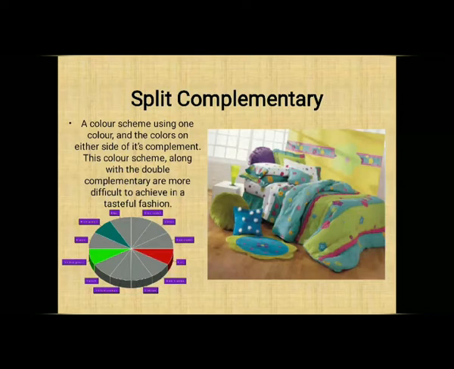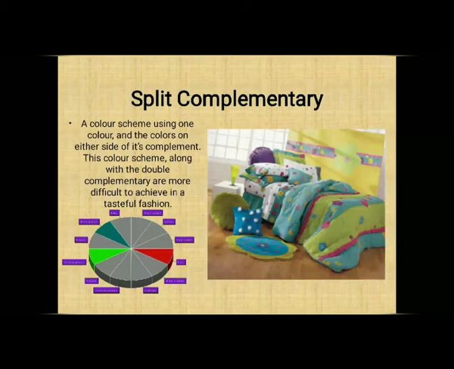So as per the split complementary, you first select a color, and opposite to it is its complement, and you will take the right and left part of that complementary color. If you are taking red, green will be the complementary color, but in split complementary you will choose red and opposite to that you have green, but you will not select green.